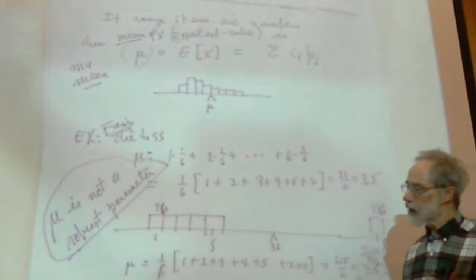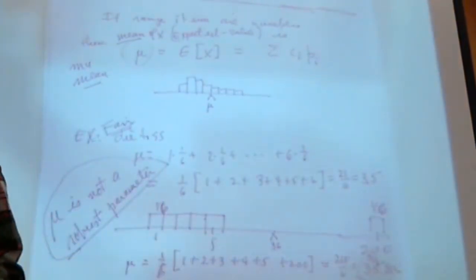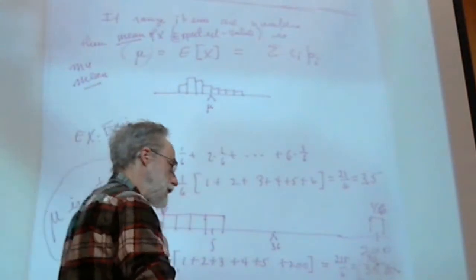Okay. Now the mean is a location. I should have backed up here. I'll define it that way now. Mean is a location parameter. It's like a measure of center of the distribution. All right? Mean is a location parameter.